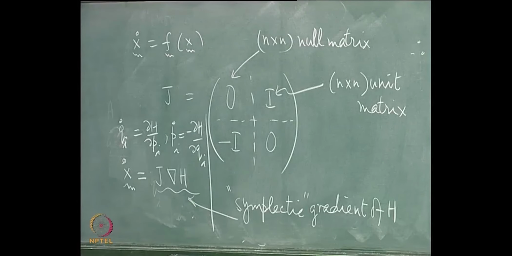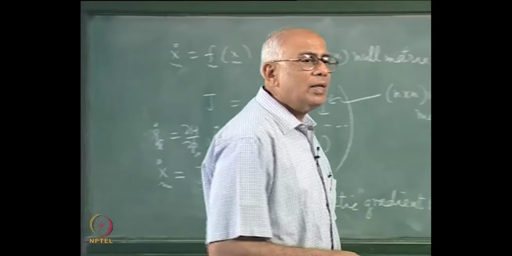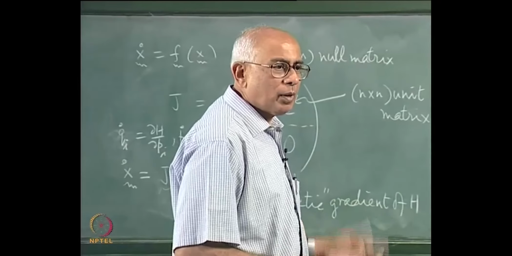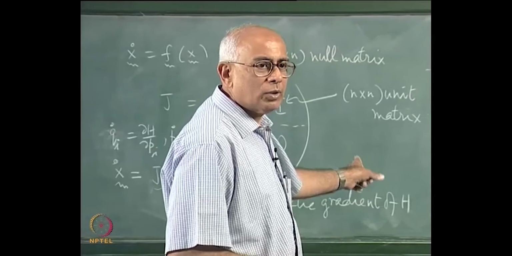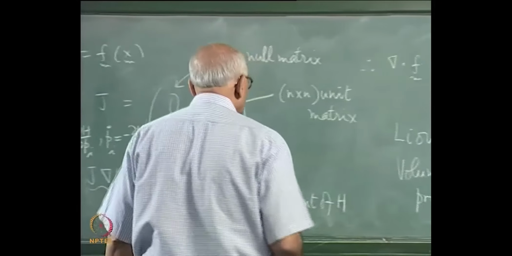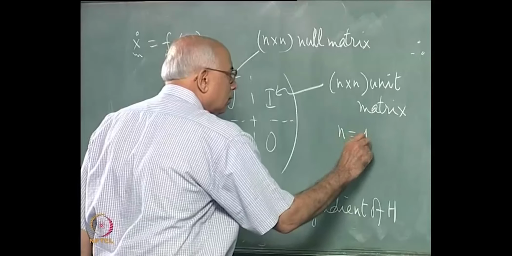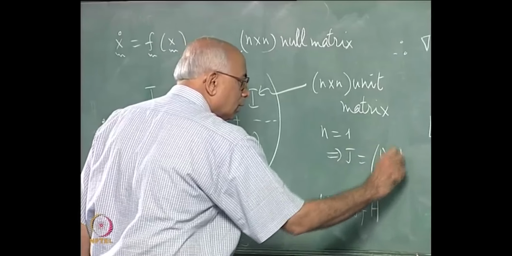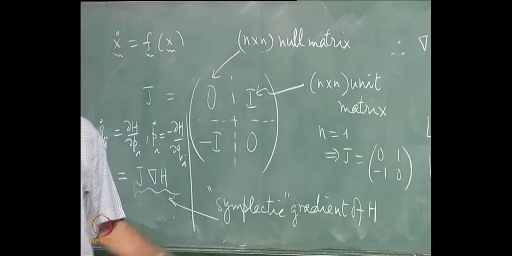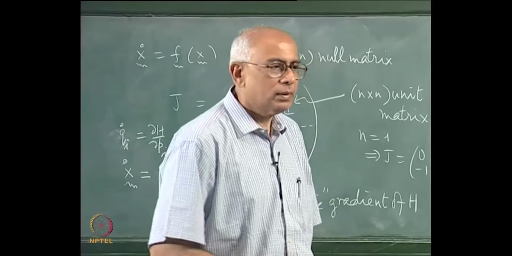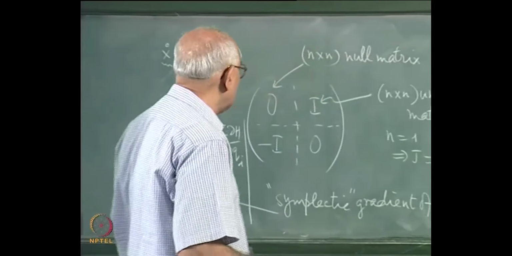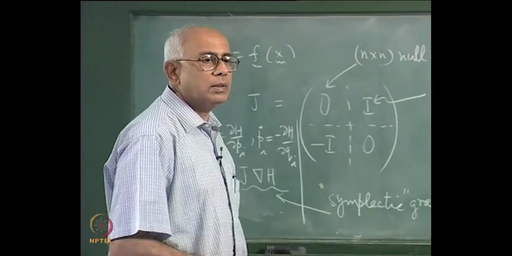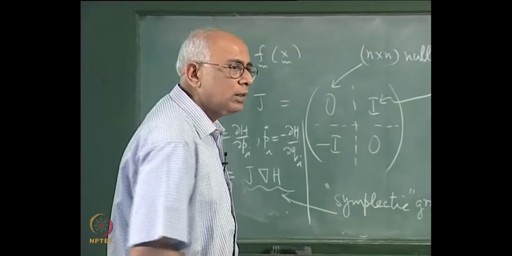I leave you to figure this out. Incidentally, when n is 1, then a large number of the properties become quite transparent, because then you have a 2 by 2 matrix, J equal to 0, 1, minus 1 and 0, and of course you could square this very trivially. I leave you to figure out what J squared is.